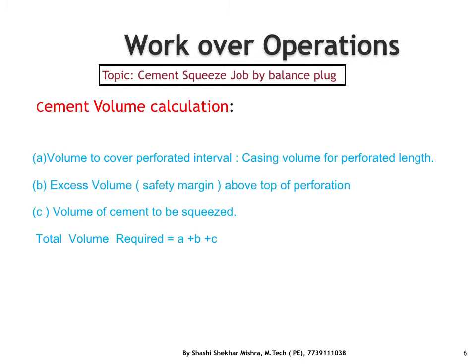And if the cement slurry is less, then there is a shortfall in the length of the plug, and the squeeze job cannot be successful. So this is based on field experience, the formation, the history of the well, and the nearby and past wells. We can plan for the cement squeeze volume.